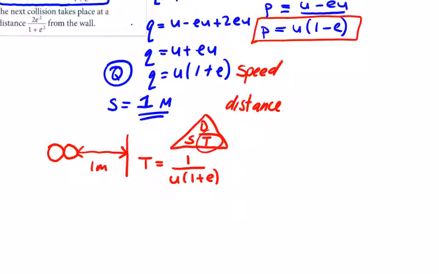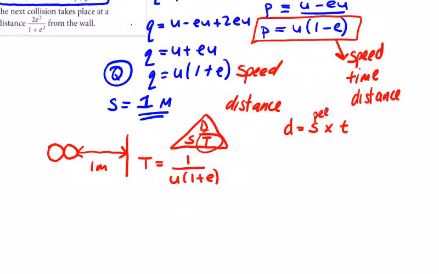So at this impact point, it's taken 1 over u times 1 plus e. Now P has speed, and we also have time, so we can get the distance traveled by P in this time. Distance is equal to speed by time. I'll write speed here so we don't confuse our s's.